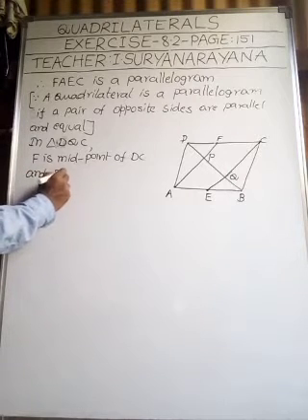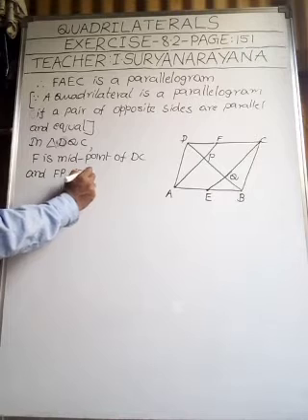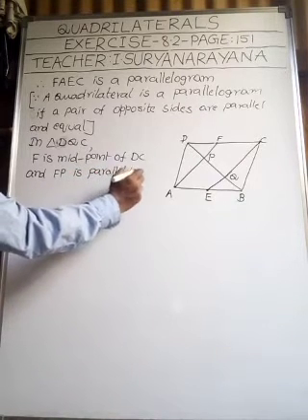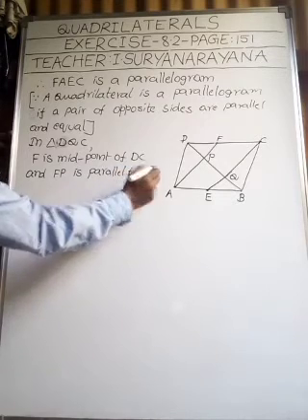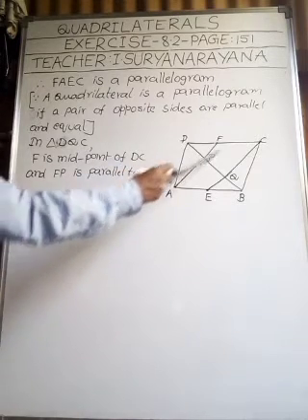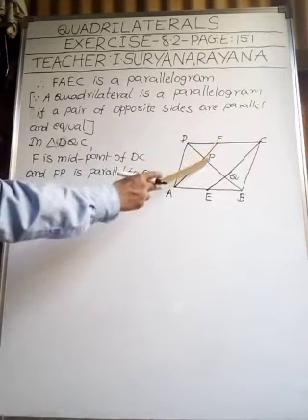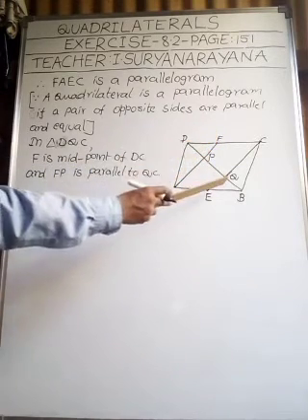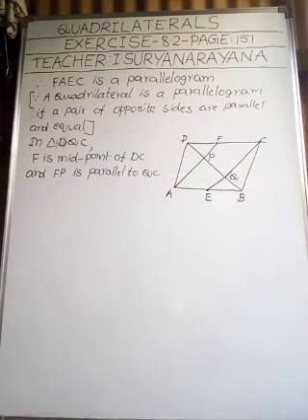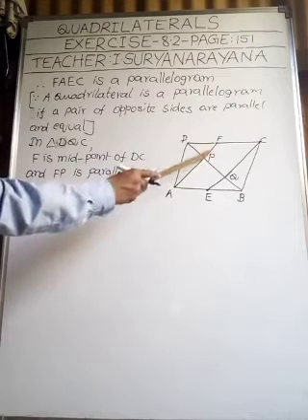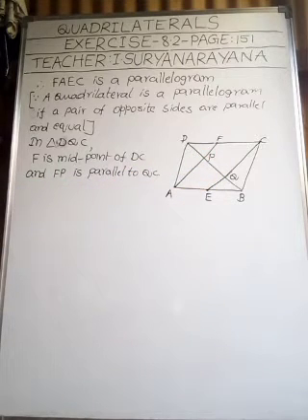FP is parallel to QC because this point P is on the line AF and Q is on the line CE. So these two sides are parallel. So AP is also parallel to QE and PF is parallel to CQ.